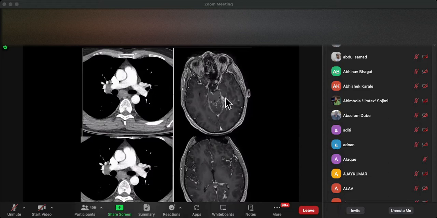So we've got a patient who has got nodular meningeal enhancement involving the basal cisterns, Sylvian fissure, interhemispheric fissure, and the patient has also got lymphadenopathy in the mediastinum. So this is a patient who's got sarcoidosis, and it's granulomatous meningitis.